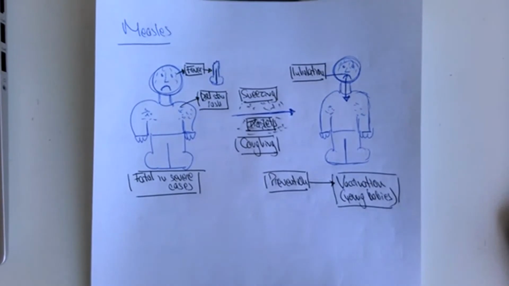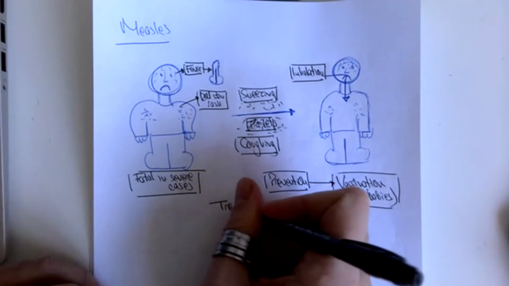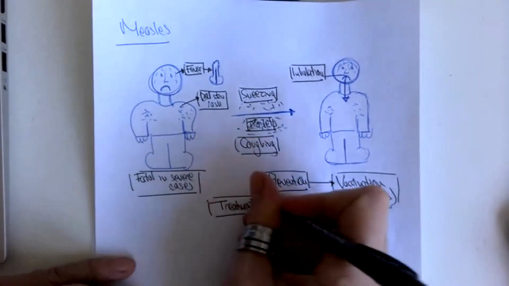So vaccination is a prevention, and then a treatment: if you do get it, symptoms can be alleviated by painkillers.